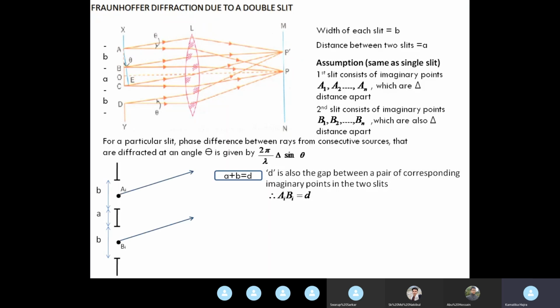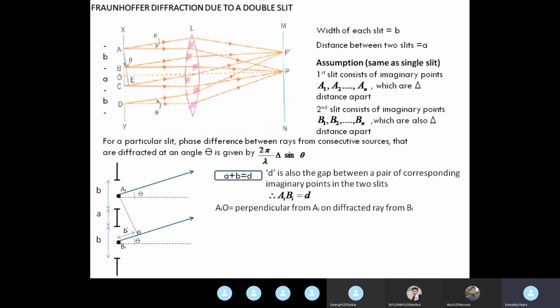Now, as usual, we have taken two rays, one coming out from AI and the other coming out from BI, and I draw a perpendicular from AI onto the ray coming out from BI, and AIO is the perpendicular from AI on the diffracted ray from BI. All right. And these two diffracted rays are actually diffracted at an angle theta with the horizontal.